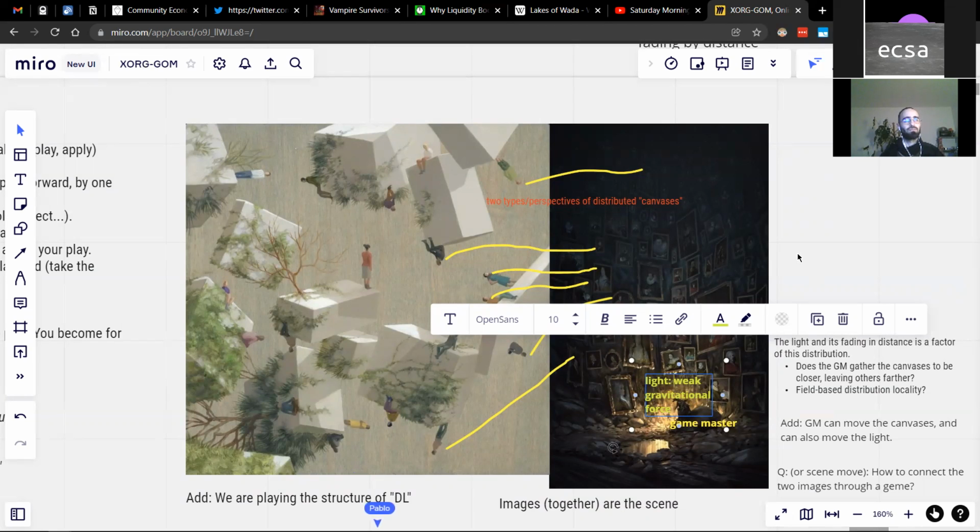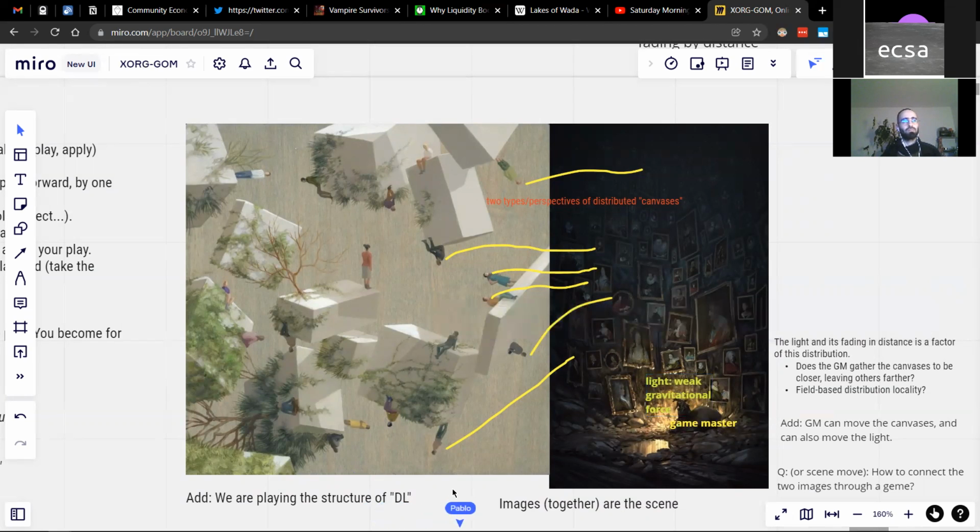But that created this thought: things start to move towards the light, of course.